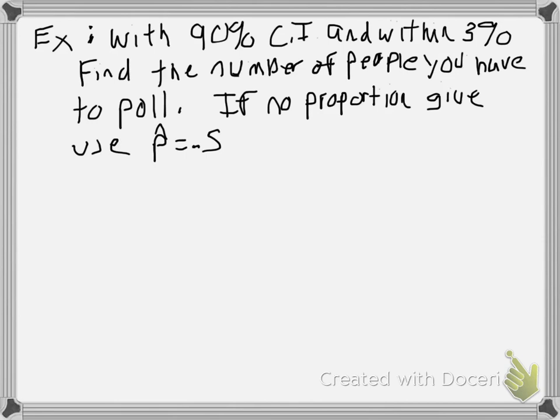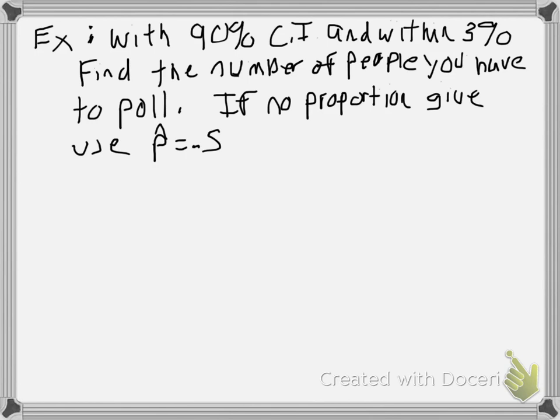That means it's a 50-50 chance. So basically, if you're going to poll someone, if they're a Democrat or a Republican, there's a 50-50 chance there. But either way, if no proportion is given in a problem, use p hat equals 0.5.